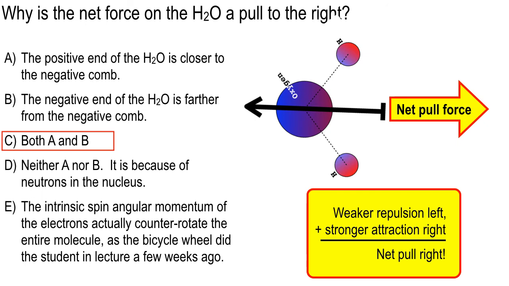Now the negative is going to be repelled from the comb, but it's further away. And just like with gravitation, the further away it is, the weaker. So the oxygen end is going to be repelled, but it's not going to be as strong as the attraction of the hydrogen end. So, weak repulsion to the left, coupled with strong attraction to the right.